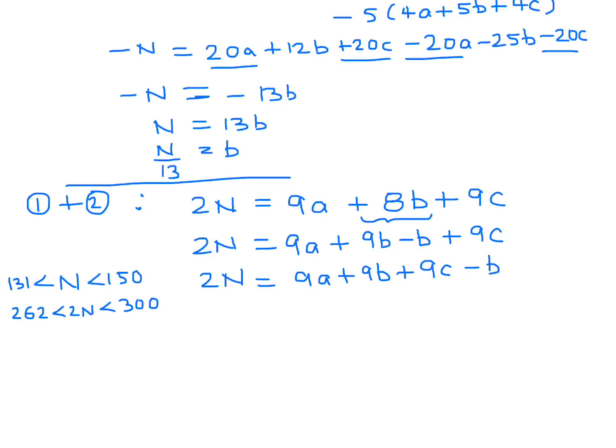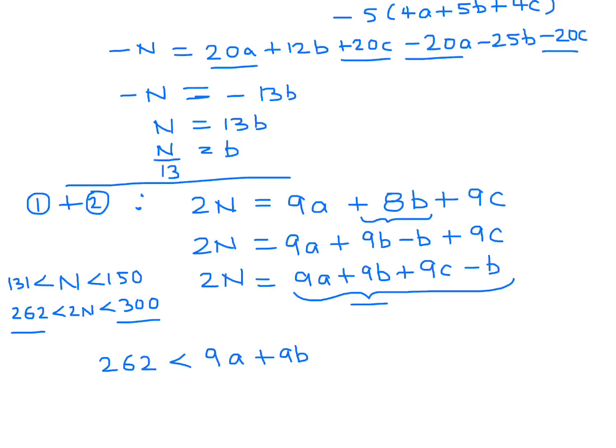Correct? You just multiplied by 2. Now, this here is equal to 2n, so that means this is between 262 and 300. So I'll write that out.